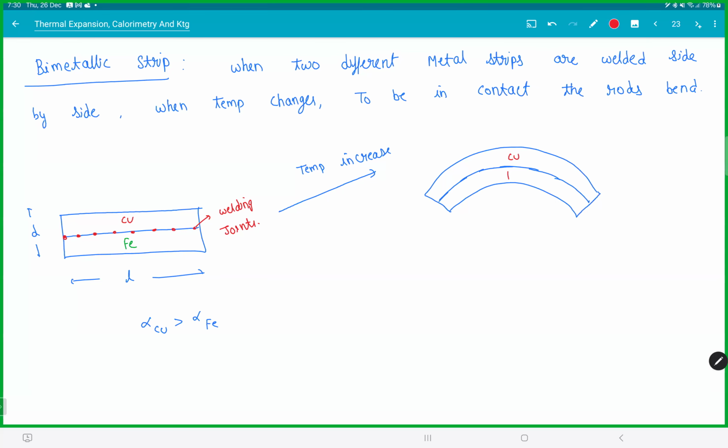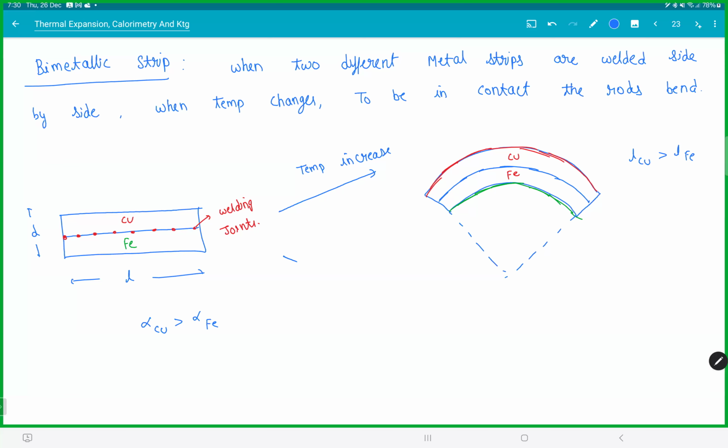This will be copper and this will be iron. Because copper expands more, this is how it looks. They'll form a circle like this. So the length of the copper will be the length of the iron.